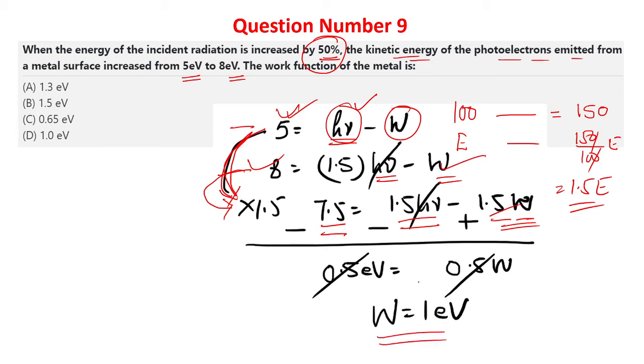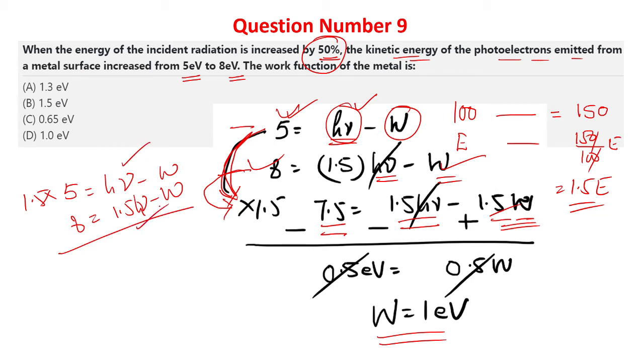Remaining is up to you. You can manage yourself. Method I have told. Equation 1 to be multiplied with 1.5 and equation 2 to be subtracted and solve. Solve these two equations. Remaining is mathematics.